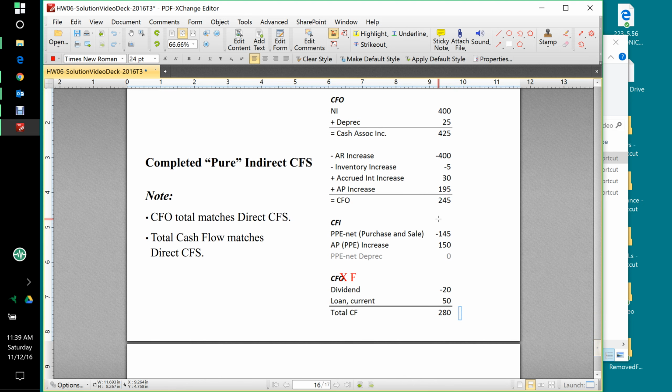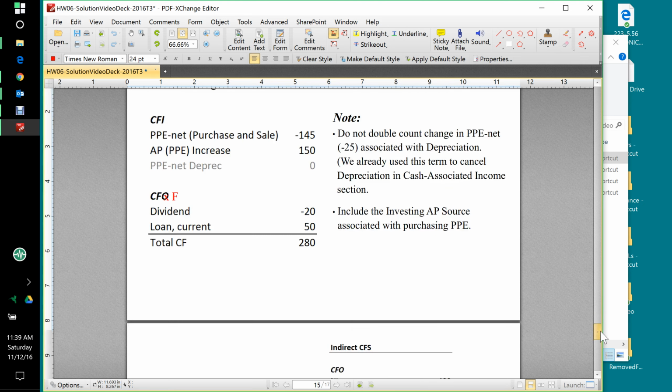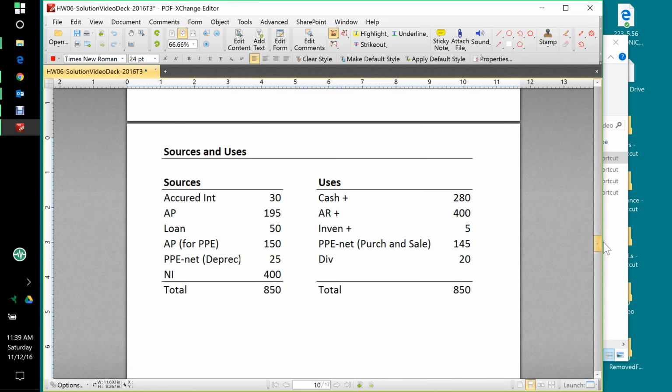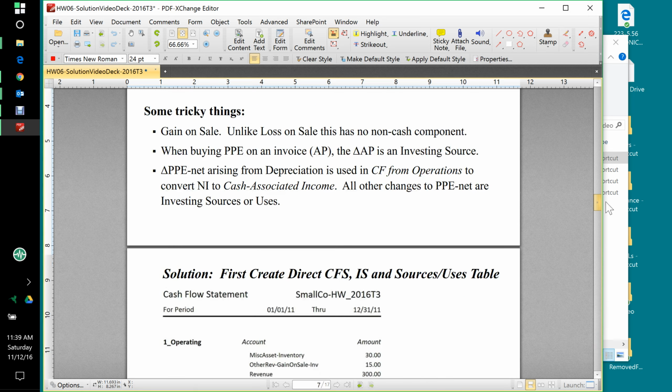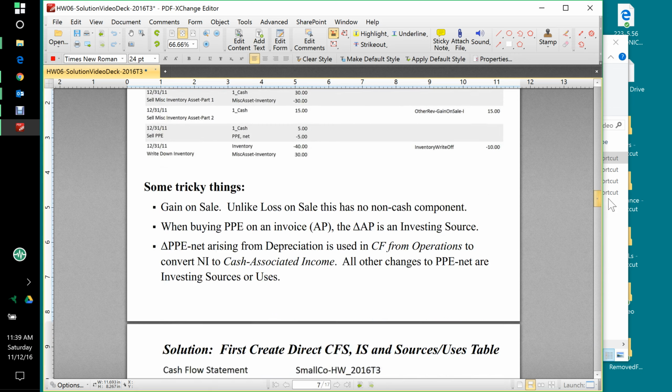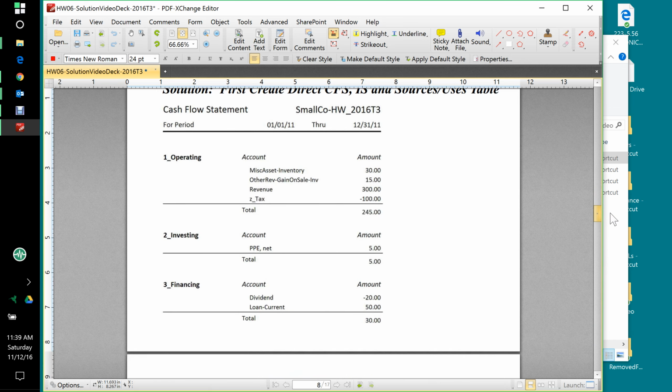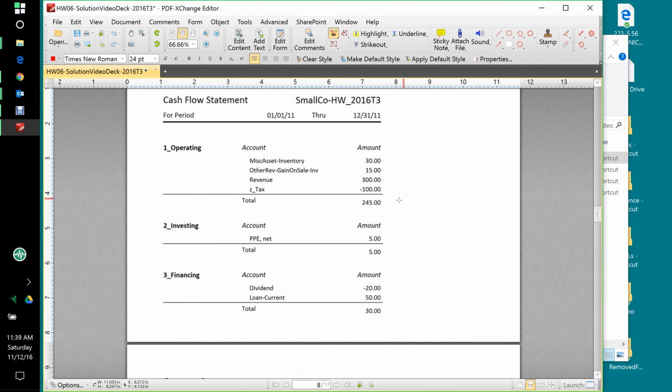We have 245 from operations, 280 total is what I'm here to tell you we showed up above. And let's see if, in fact, that is true. Yes, 245 plus 5 plus 30 is 280.